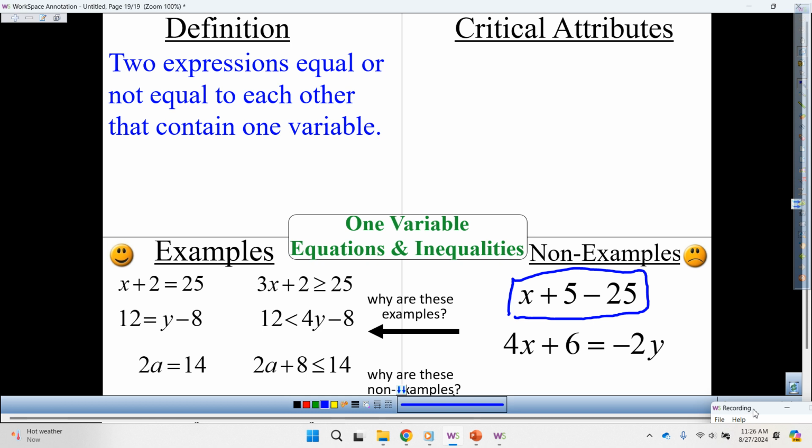Okay, so now I'm using this as an example because I gave you guys time to talk to each other, right? That gives you time to ask questions to your neighbor to make sure you know what to answer when I call on you. So if I was to ask Gio, why is this one not a one variable equation?